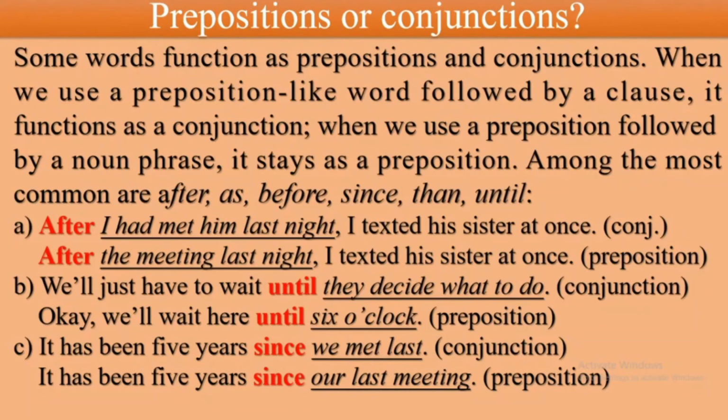Meeting cannot be a finite verb until it has an auxiliary verb before it. So here our is a possessive and meeting is a gerund. So our last meeting, this is a phrase as it has no subject, no finite verb.